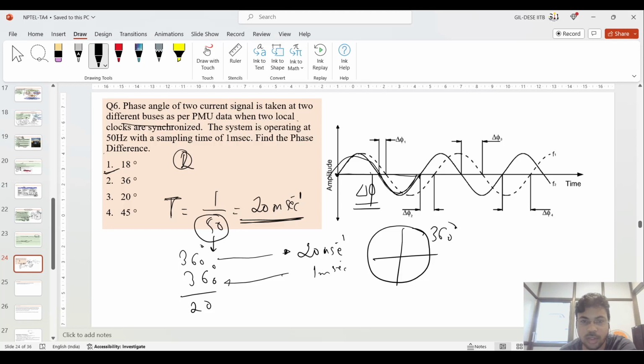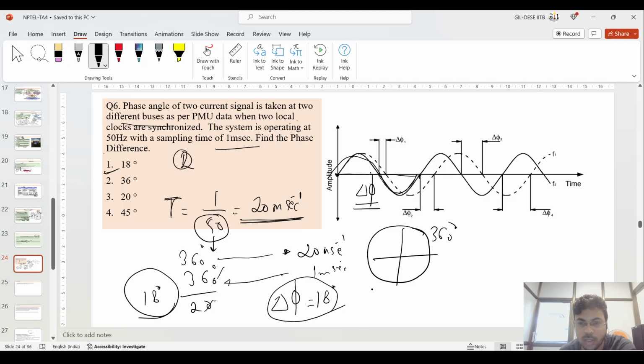So what will be the 1 millisecond duration? It is 360 by 20. It means that with the sampling rate of 1 millisecond, it is 18 degree. So the phase difference between these two signals is 18 degree.